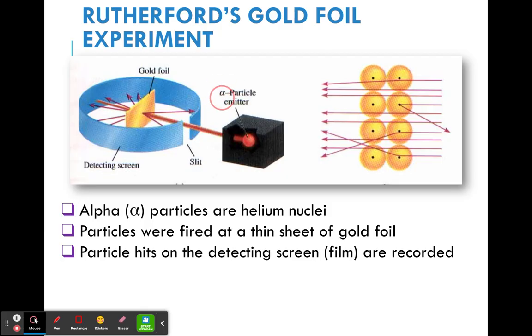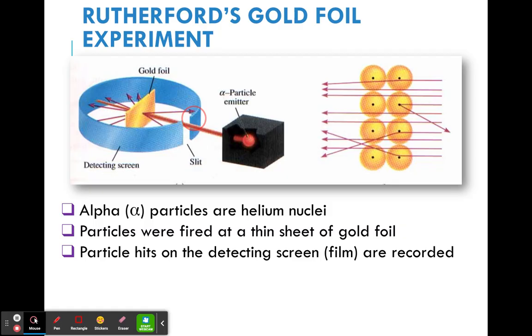So it's just a helium nucleus, and so it's a very large, very positively charged particle. So what he decided to do is shoot the alpha particles towards the gold foil, and he wanted to know what happened. And so he put a detecting screen around the gold foil.